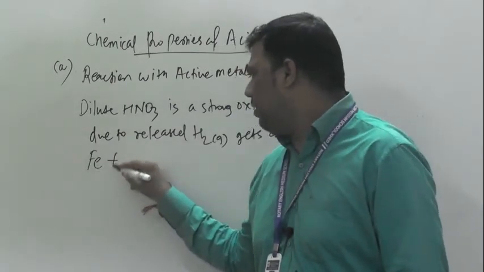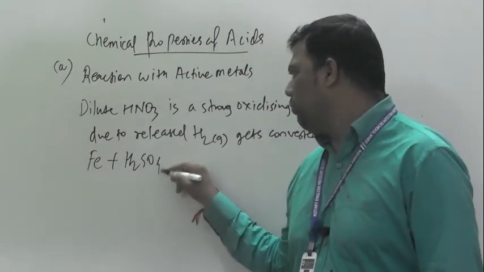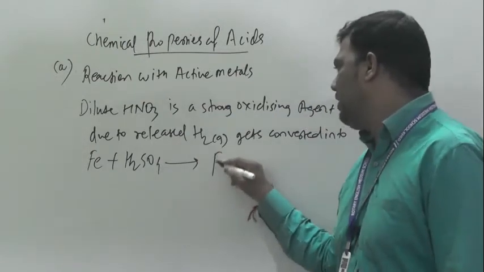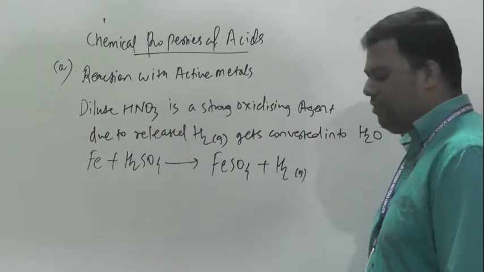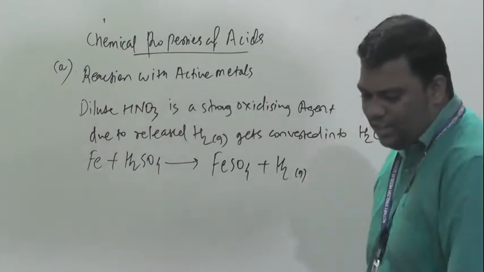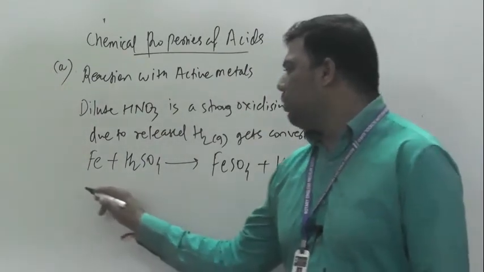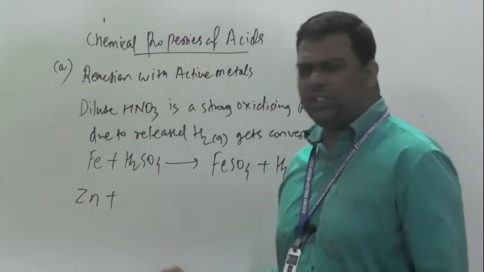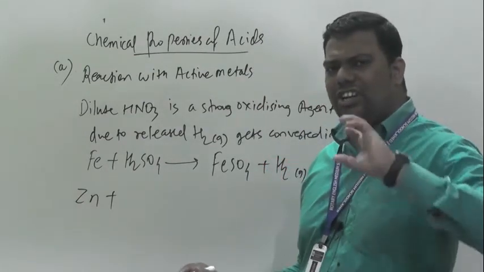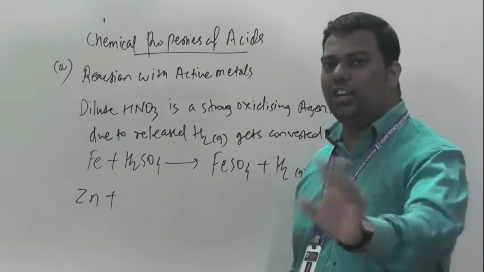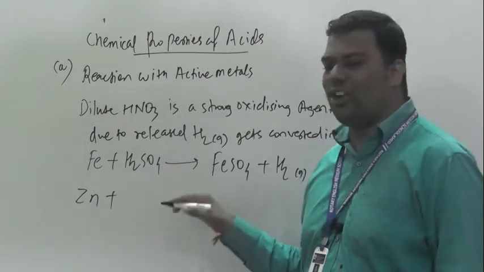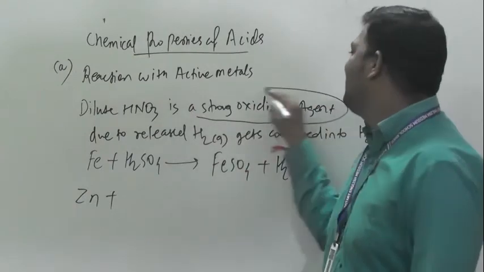So see here, reaction with active metals. Metal plus your H2SO4, what will you get? FeSO4 plus H2 gas, which will evolve easily. Suppose it is Zn. We conclude that generally we use HCl and H2SO4, not nitric acid, because nitric acid is a strong oxidizing agent.